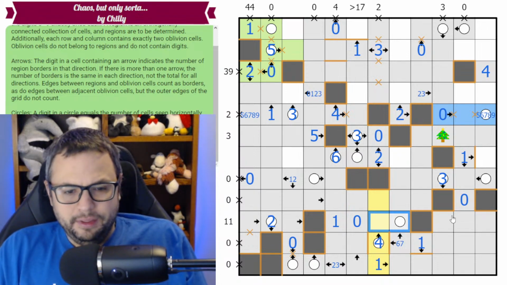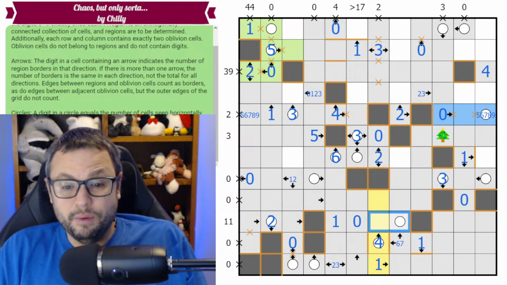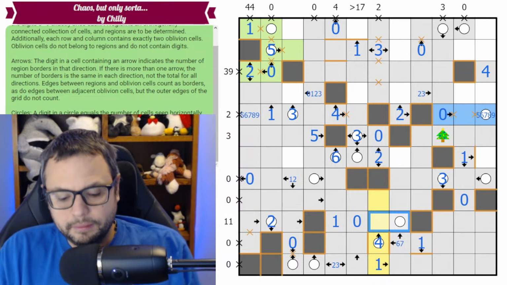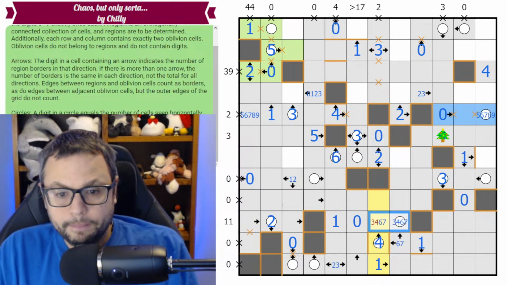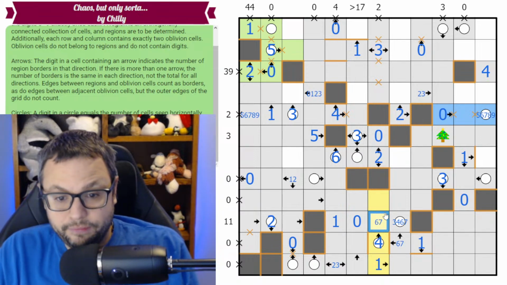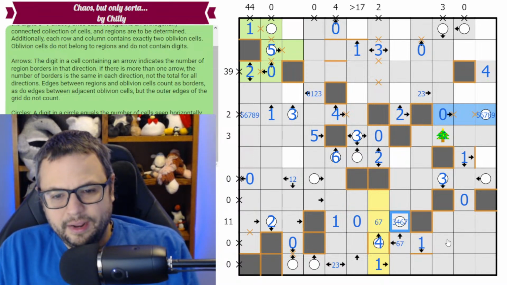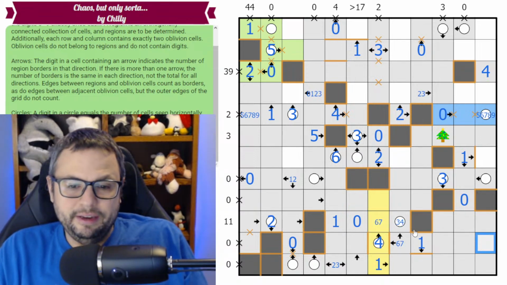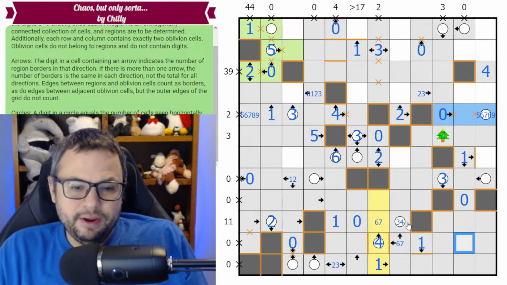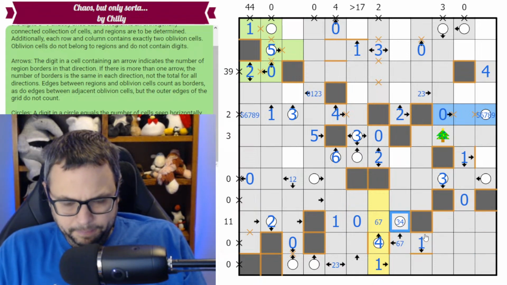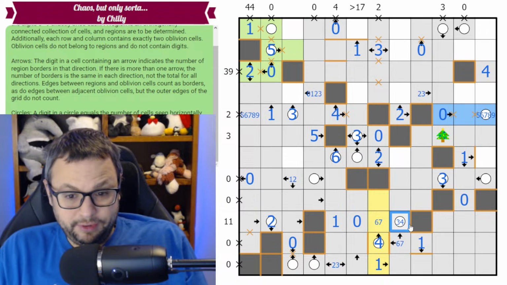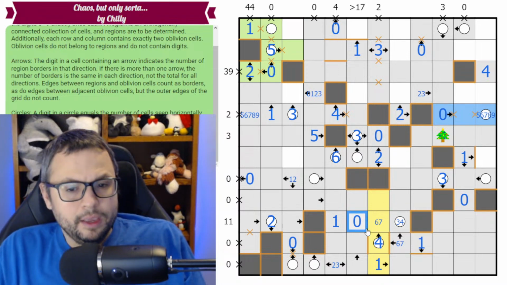So they are 3 and 7, or 4 and 6, I guess. And this is not the 3 or the 4. So this is not the 6 or the 7. So this is now a 3 or 4, which is pretty interesting, I guess, as these things go.